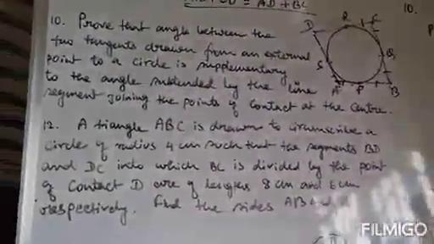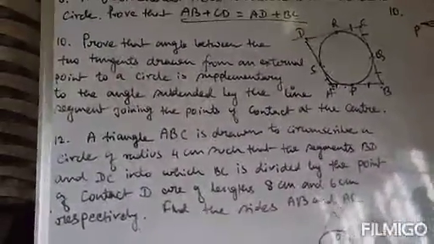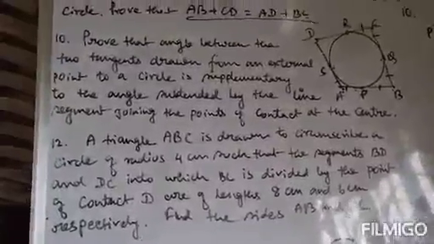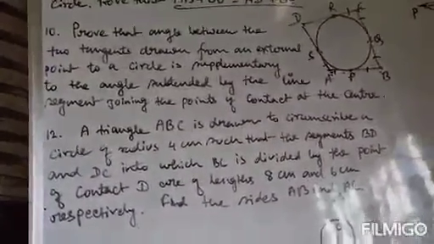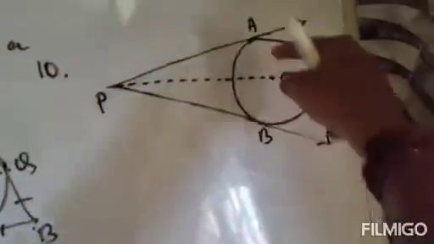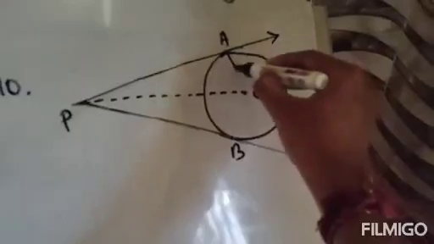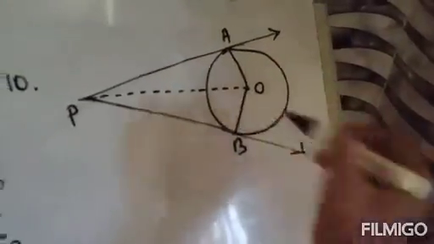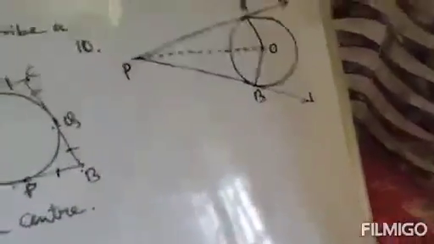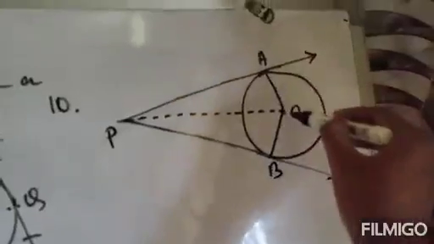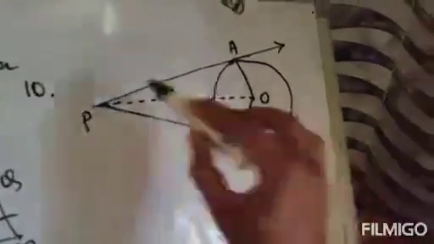Now it says that the angle between two tangents drawn from an external point to a circle is supplementary to the angle subtended by the line segment joining the points of contact at the center. A and B are the points of contact, and O is the center. So it is joined by two line segments. OA and OB are the radii, and this is the tangent.